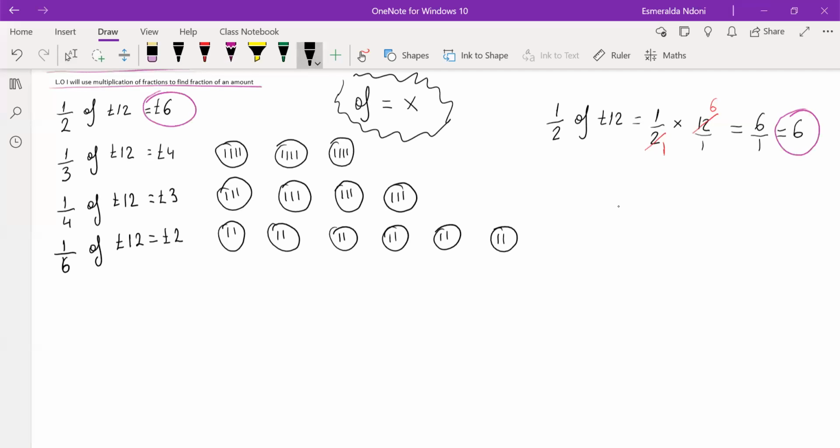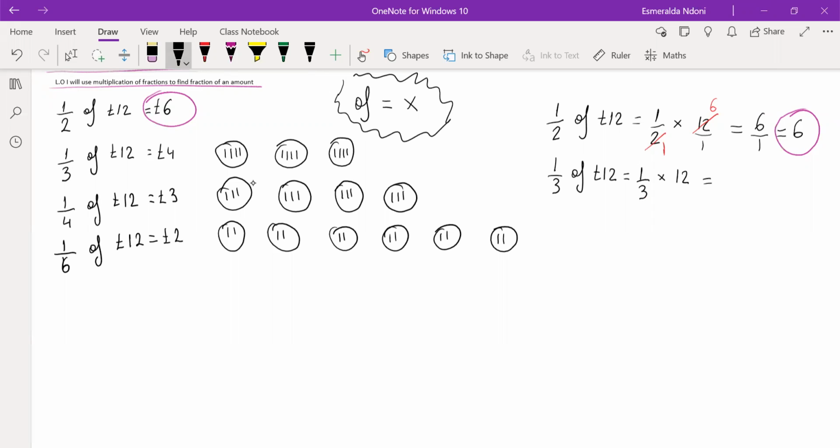Let's try the next question. I have a third, so I'm going to try the second question now. I'm not going to draw baskets anymore. I am going to just use multiplications of fractions. So I have a third of 12. We said that of means times, so a third times 12.